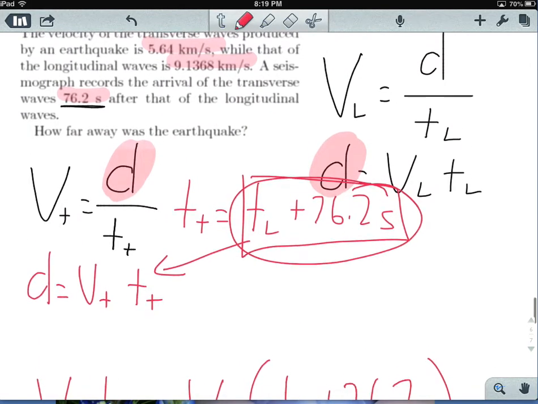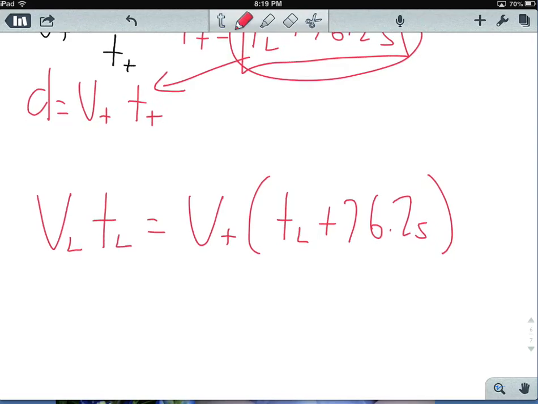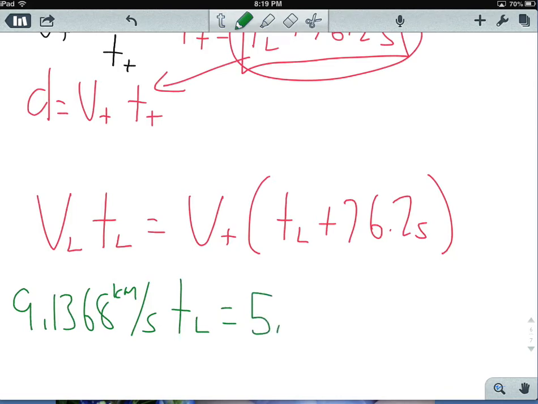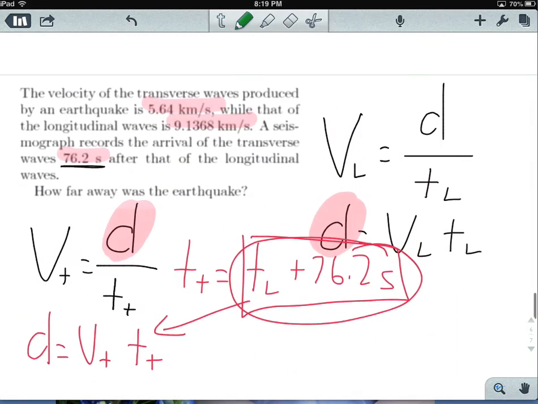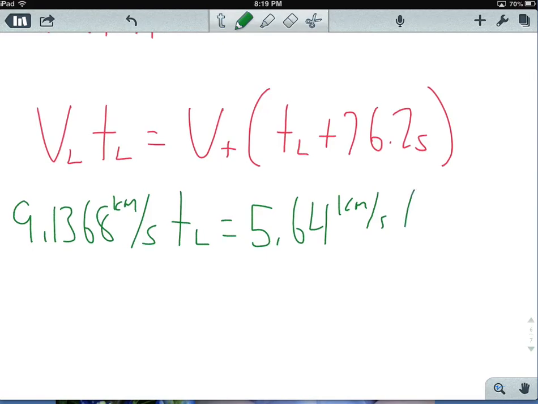So all we have to do is plug our variables into that equation. The velocity of the longitudinal wave is 9.1368 kilometers a second, and we're solving for the time of the longitudinal wave, which equals the velocity of the transverse wave, 5.64 kilometers a second, times the time of the longitudinal wave plus 76.2 seconds.